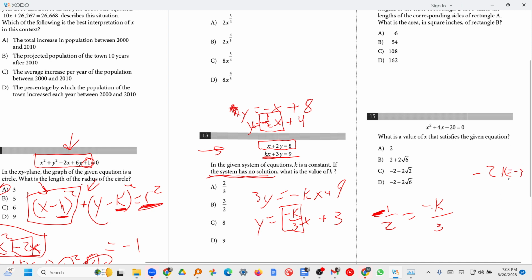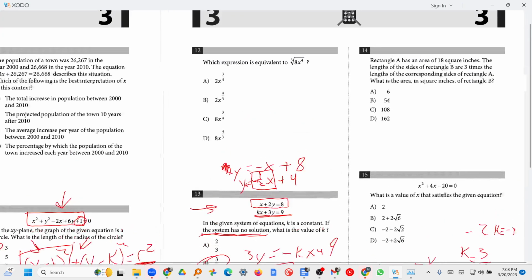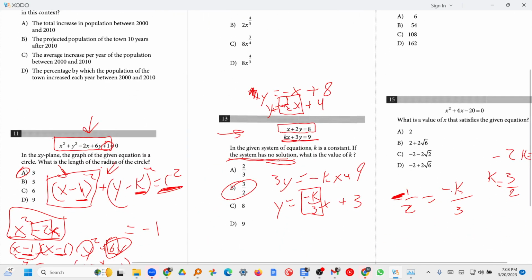Then if I divide by negative 2, k is going to equal 3 over 2, which happily is an answer choice. Okay, so if they give me two lines and they say no solution, those are parallel lines. If they say infinite solutions, that means they're the same line. If they say one solution, it means those lines cross in just one place.